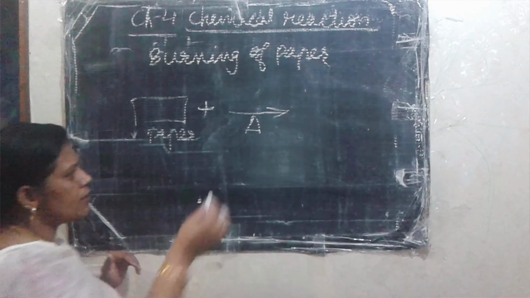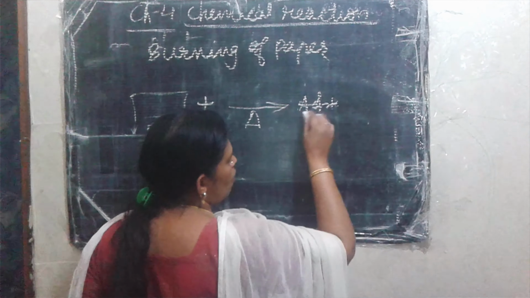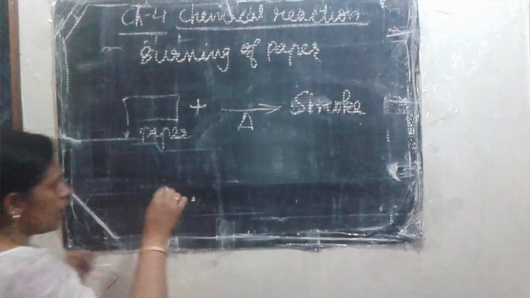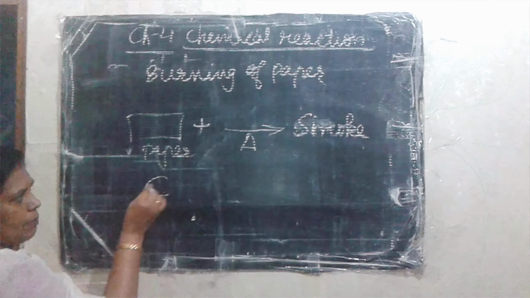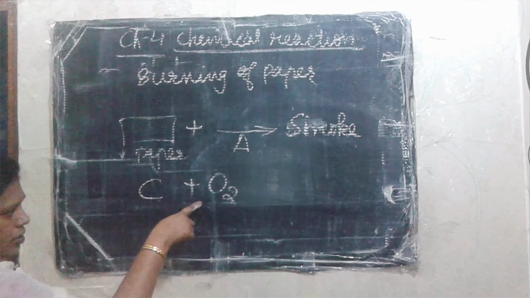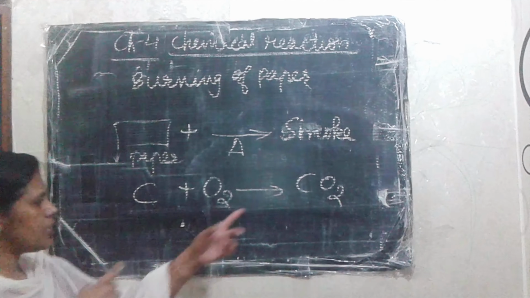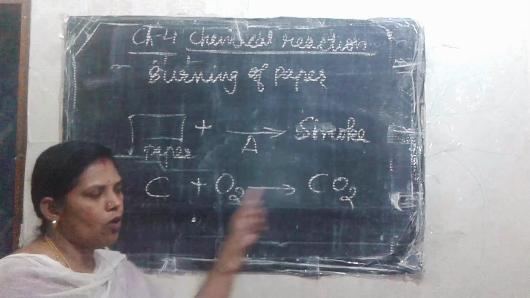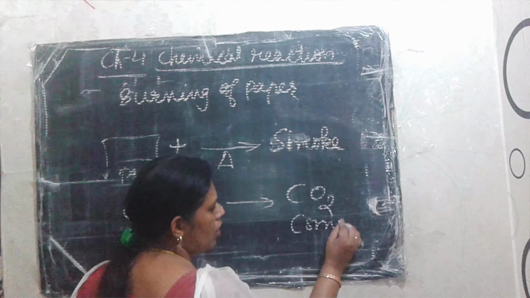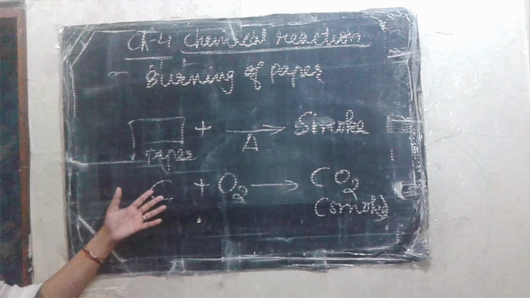It releases smoke, and ash forms along with the smoke. The paper contains carbon, and in the presence of oxygen in the air, it forms carbon dioxide. Here carbon 1 and here 1, oxygen 2, here oxygen 2. So the equation is balanced and it is in the form of smoke, you can see. That is another chemical reaction.